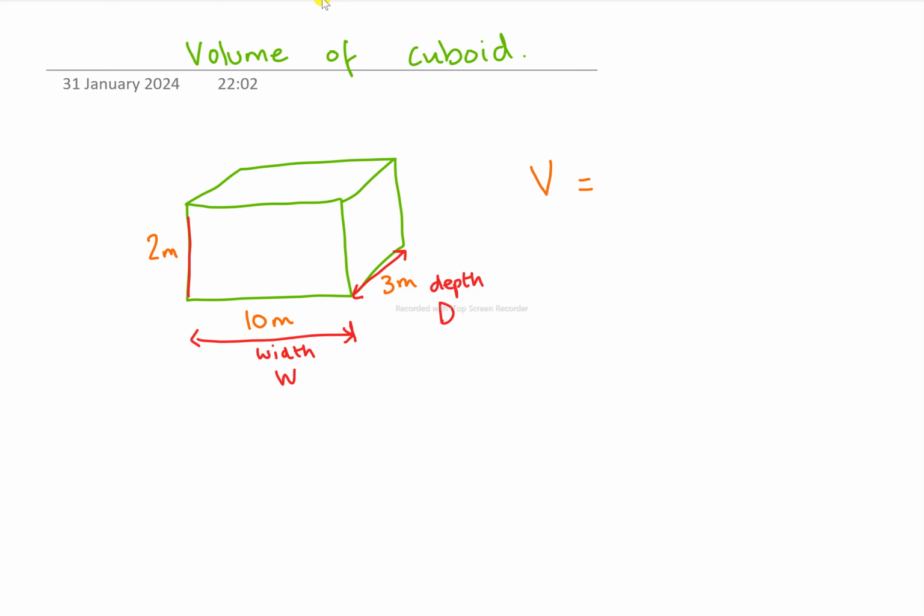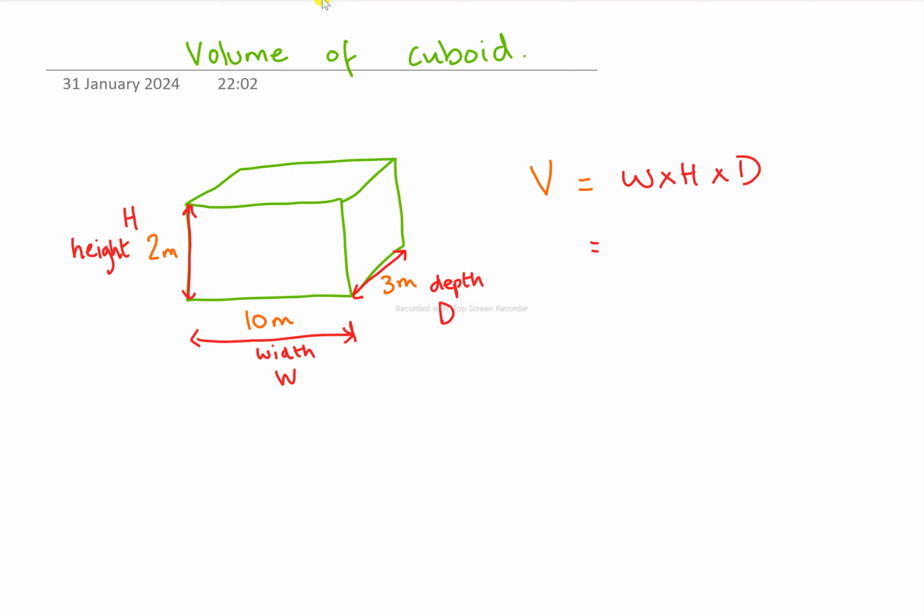We'll call this dimension here the height, how high it is. What you do is you multiply W by H by D.